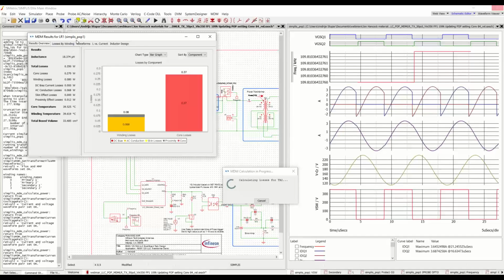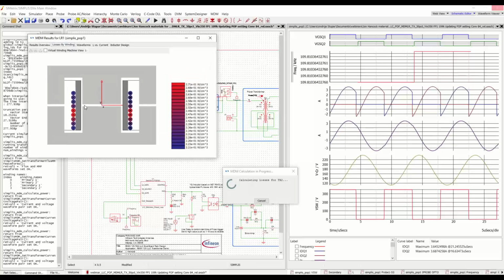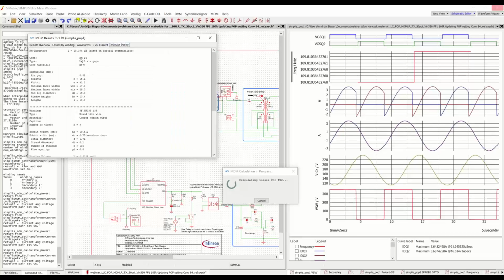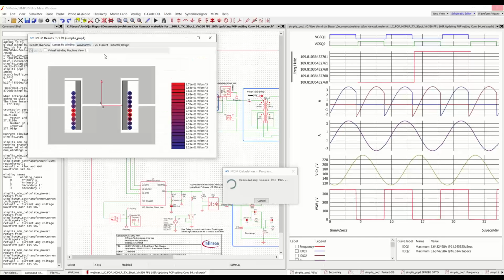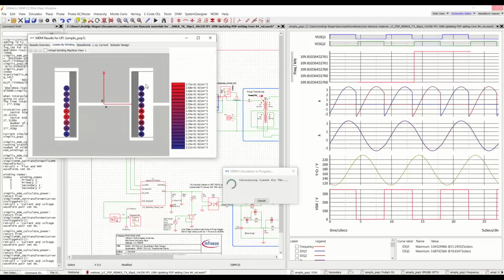we can examine the inductor. The inductor is based on an RM14 core using N87 material, gapped for 18 microhenry. And in order to reduce proximity loss, tape was added here to move the winding away from the central air gap.